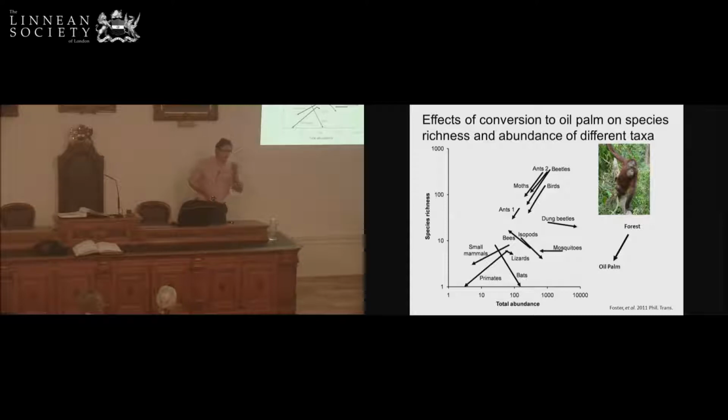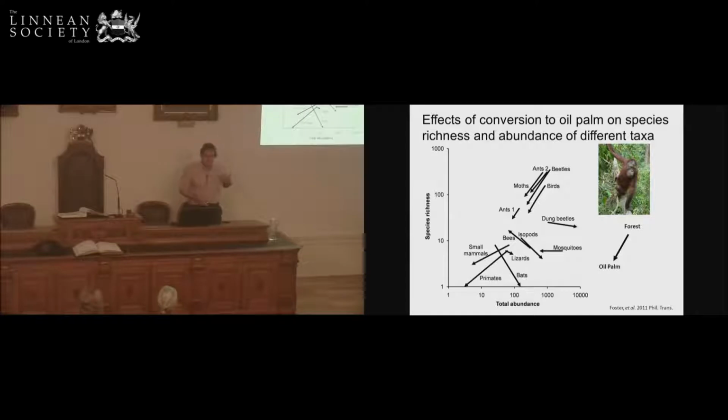Interestingly, again, focusing in on this a little bit and understanding where the differences actually lie, it's not the case for all of these groups. Some groups are rather unaffected. Mosquitoes, I'm pleased to hear, are rather unaffected in terms of species richness, although the abundance does go right down. In other things like dung beetles, the richness goes down, but actually the abundance can go up.